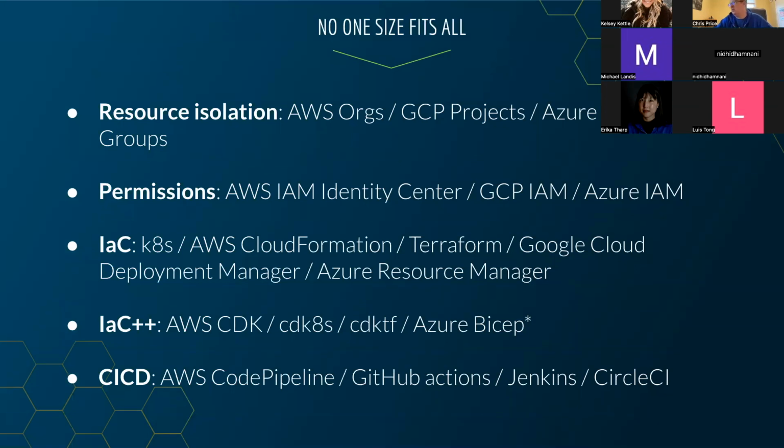So if you're using GCP or Azure instead of AWS, they have similar services for most of the tasks that we would want to achieve. And then for the infrastructure as code stuff, there's lots of different solutions out there depending on what environment you're in. And then for CI/CD, there's tons of third-party options out there like GitHub Actions, Jenkins, and so on. So it's easy to mix and match these based on what works best for your organization and what technologies you're using.